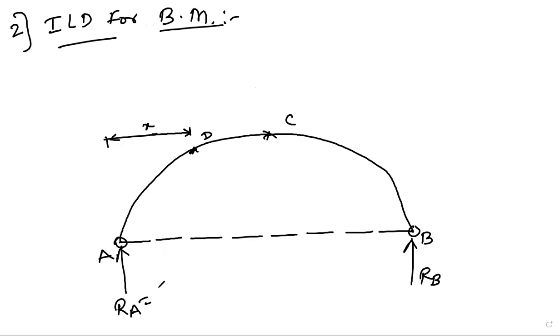So RA is nothing but the value of RA. How much is it? L minus X by L, and RB is equal to X by L. This value is already with you. The diagram we have drawn already, so don't redraw the diagram.